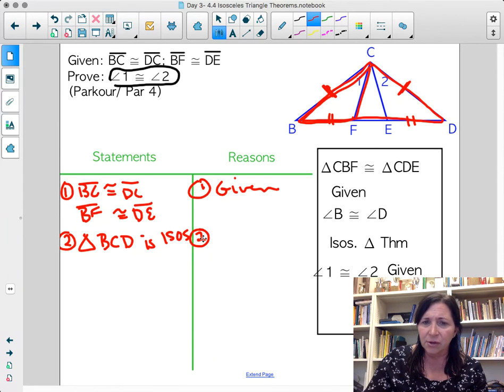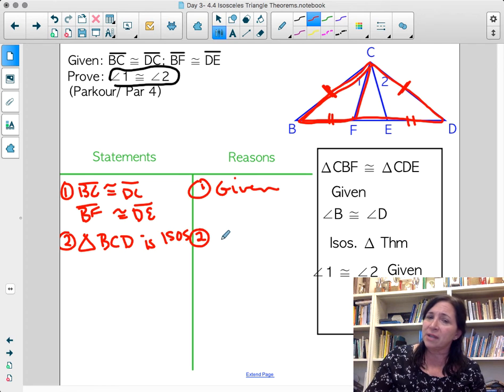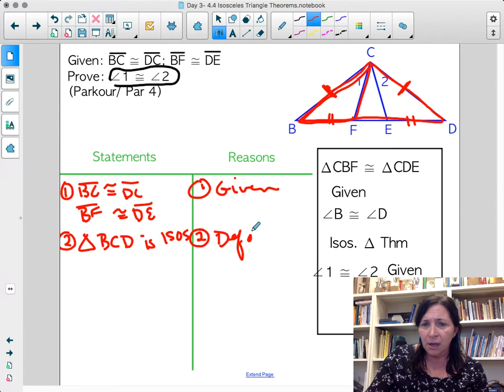Remember what the definition said? The definition of an isosceles triangle says a triangle is isosceles if it has two congruent sides. So BCD is isosceles. The reason that you would say that is the definition of an isosceles triangle.